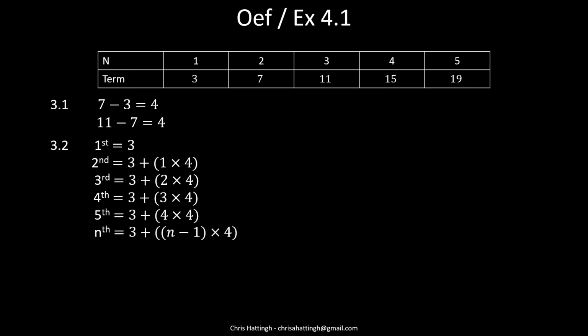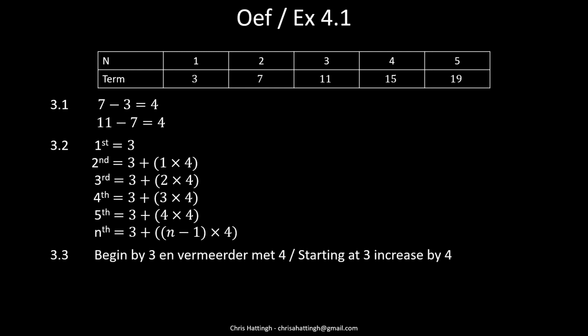And so on. So if they ask you for the nth term, it's going to be n minus 1. Then they say, describe your rule that you found in your own words. So you can say we are increasing it by 4, or we are adding 4 to each new term.